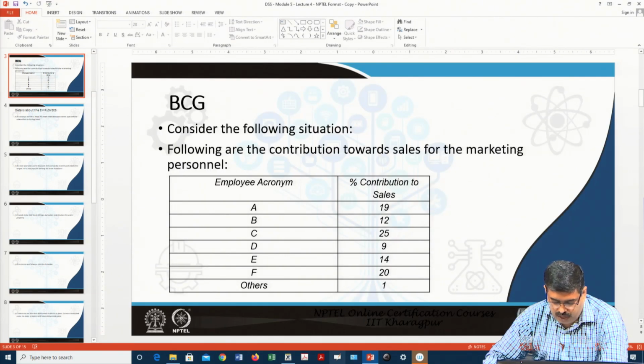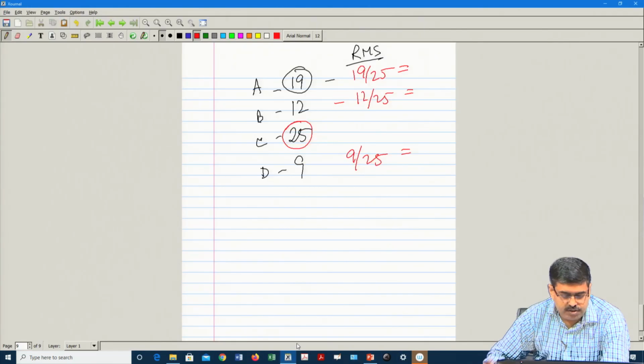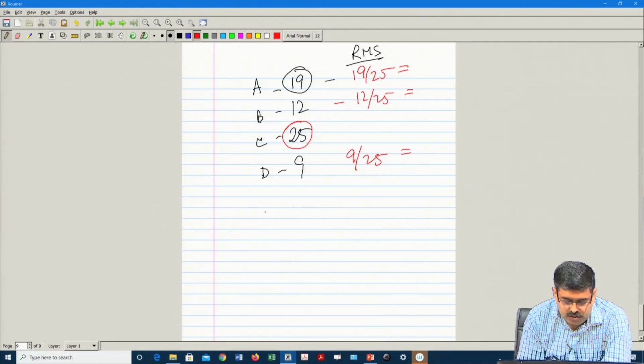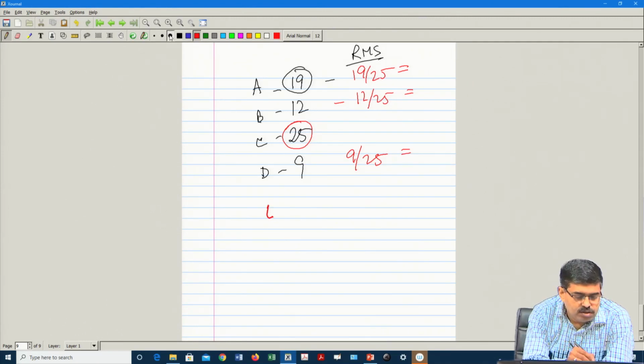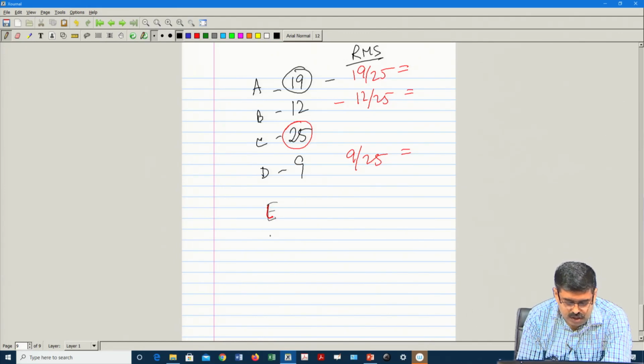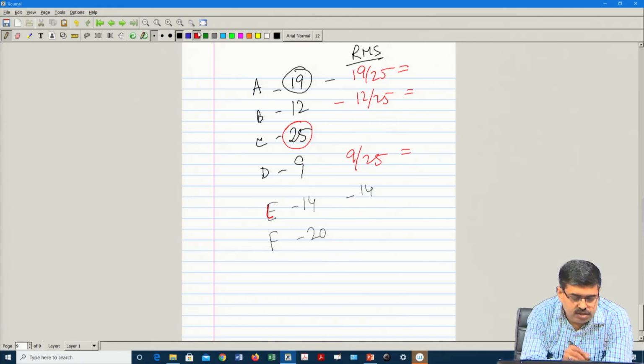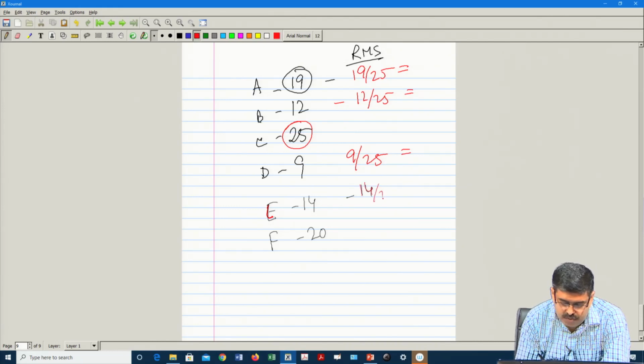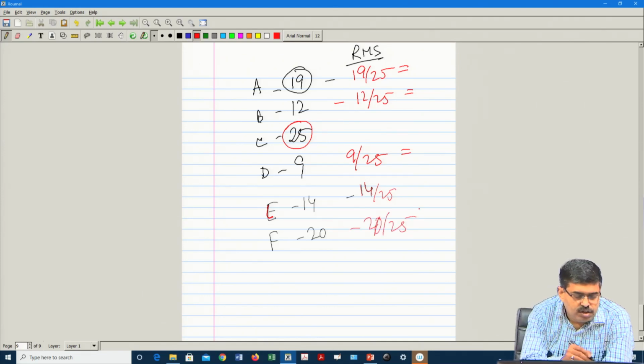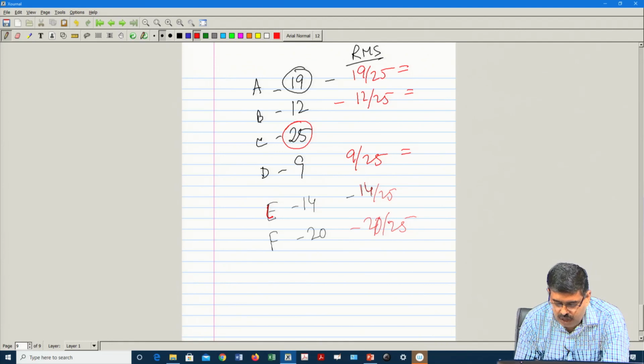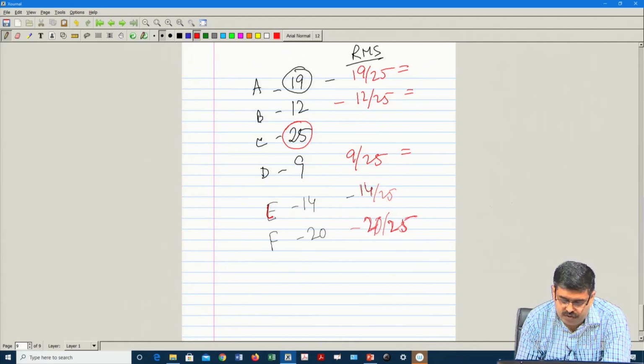E and F are 14 and 20. So, E's market share is 14 by 25, F's share is 20 by 25.